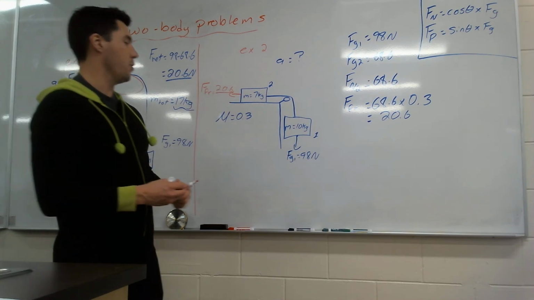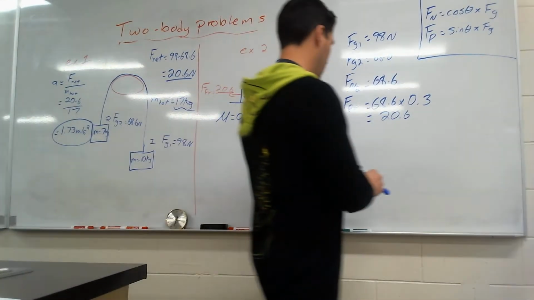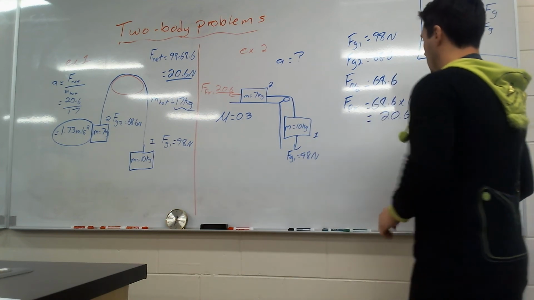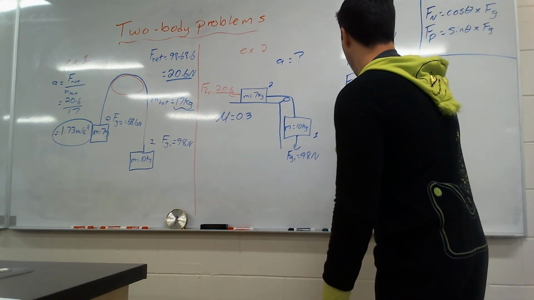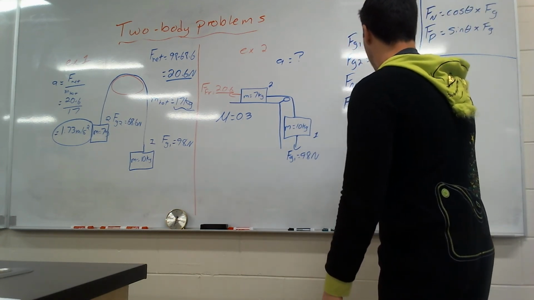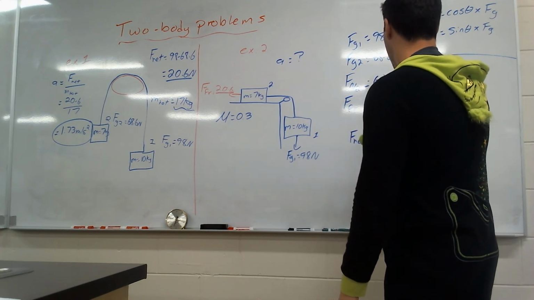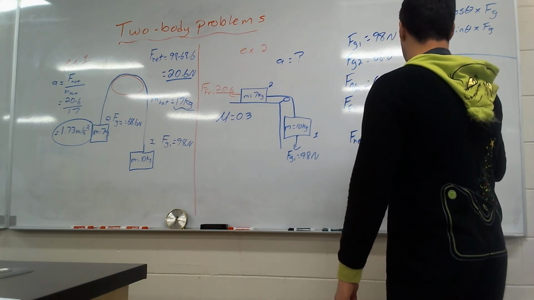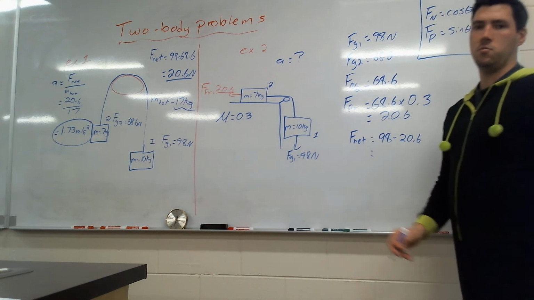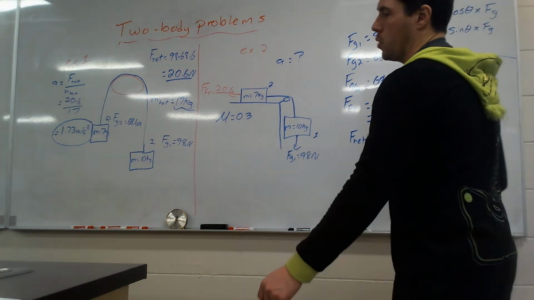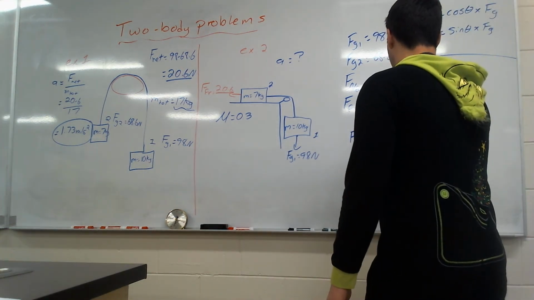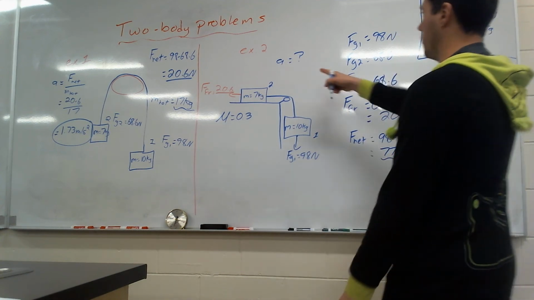So let's find our net force. F net equals 98 minus 20.6, which gives me 77.4. Lastly, let's find our acceleration.